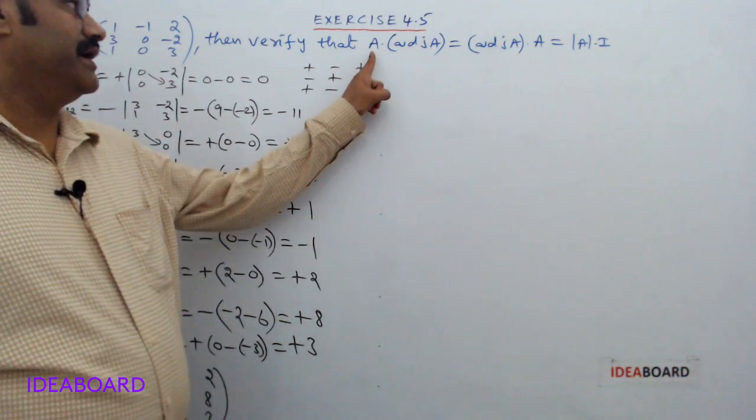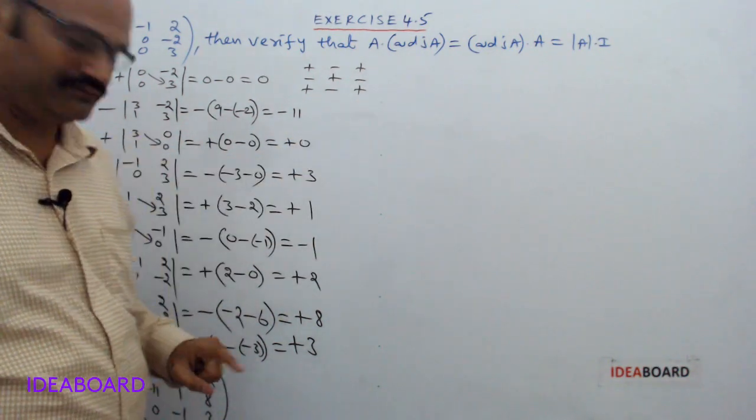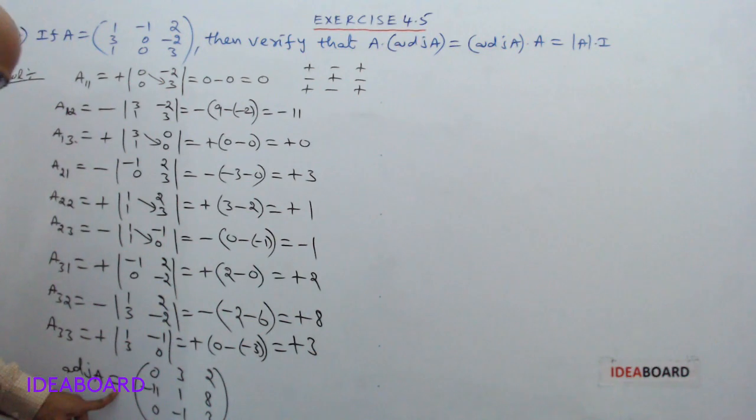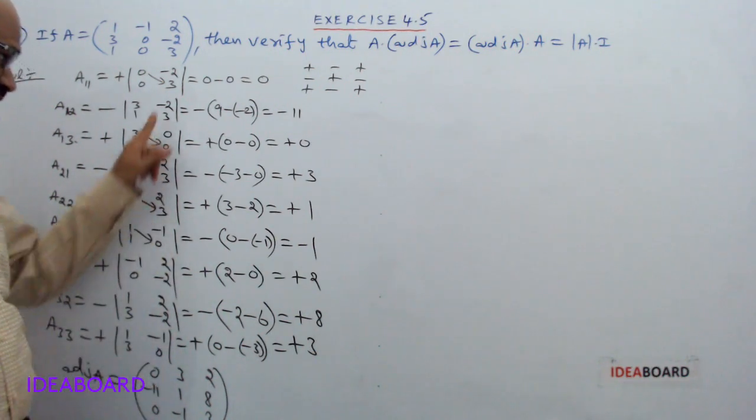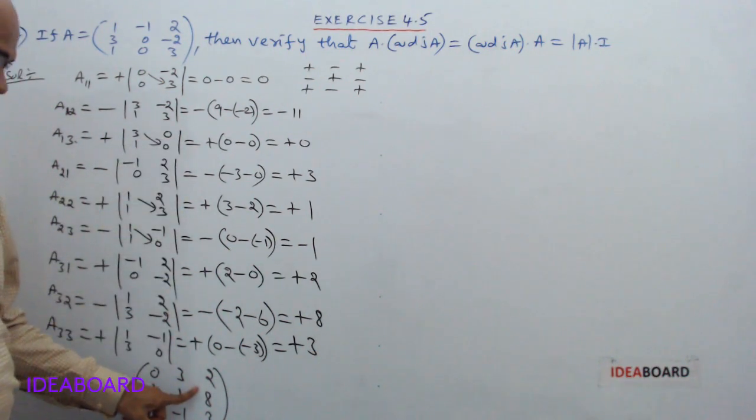Now we have to find A into adjoint of A. This adjoint of A is the transpose of the cofactor matrix.